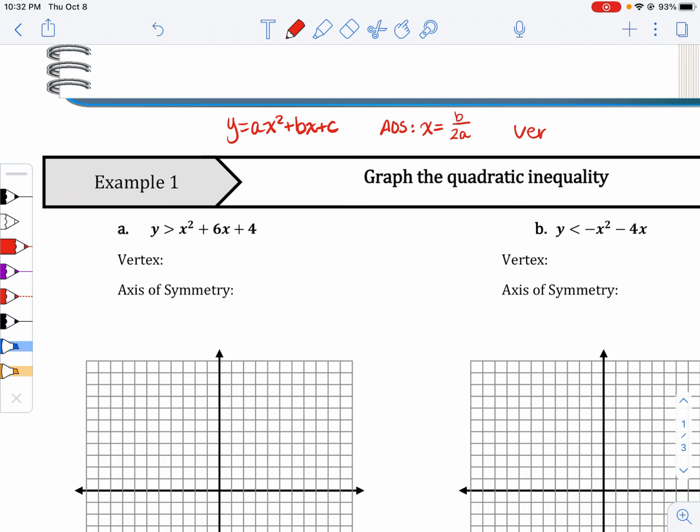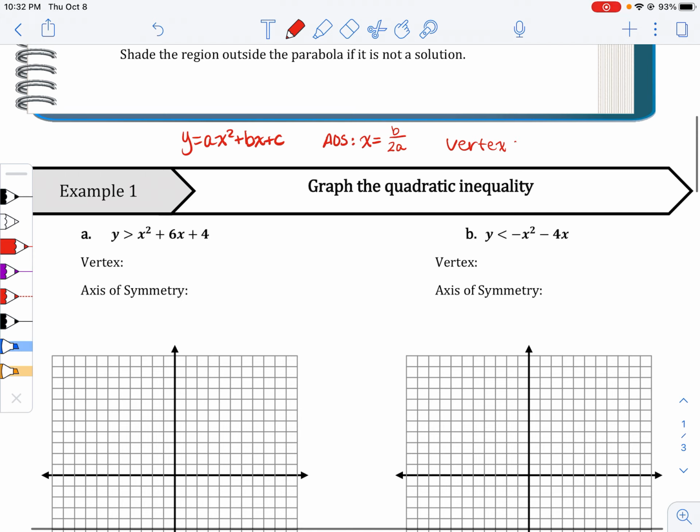And your vertex is that point, comma, and then you plug it in to your equation. Okay, so that's how you're going to find these. And then you can also just make a table if you would rather do that. That's fine.